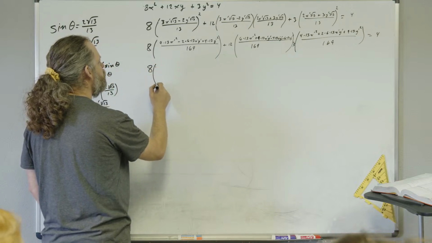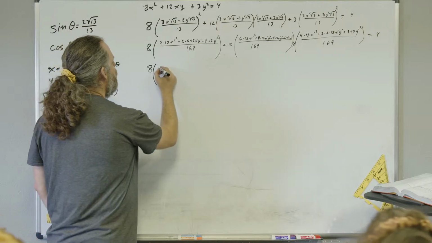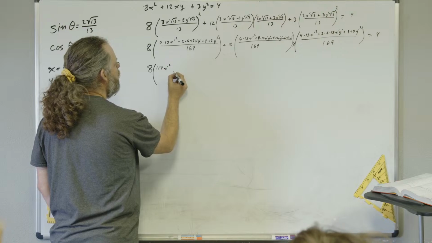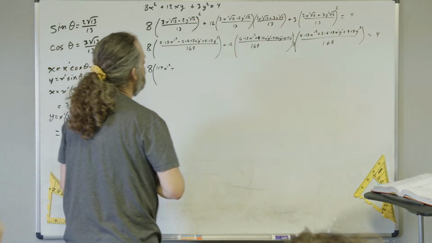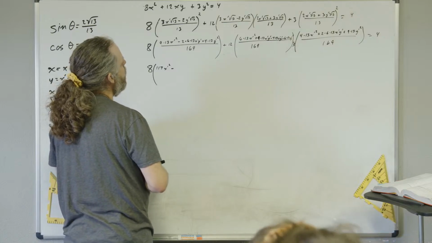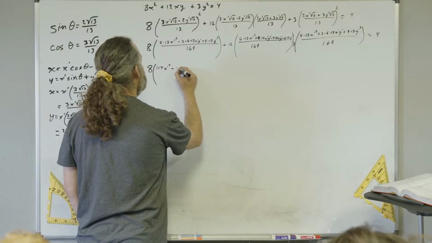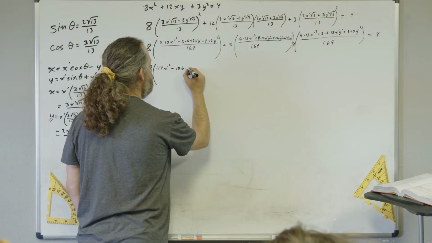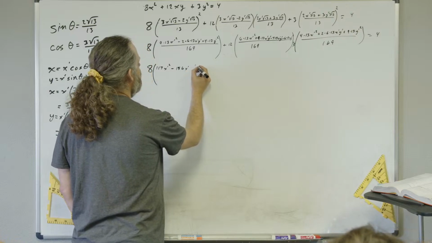All right, 9 times 13 is what? 117. X prime squared minus 12 times 13, 156. X prime.